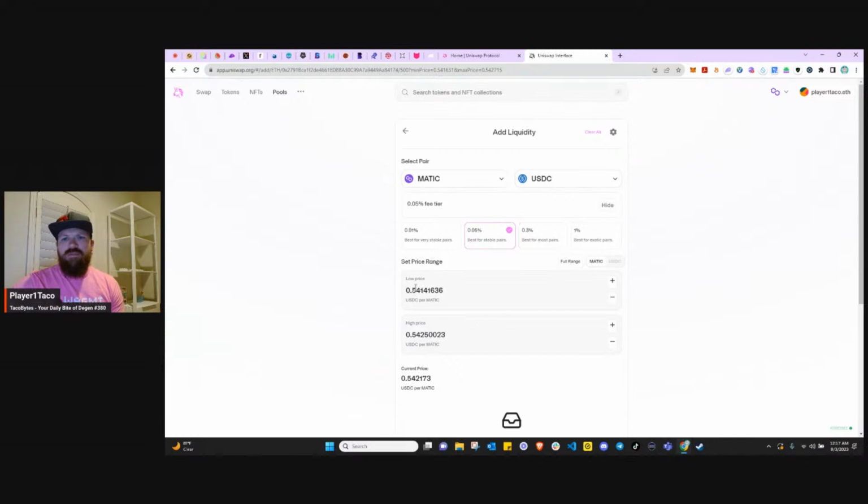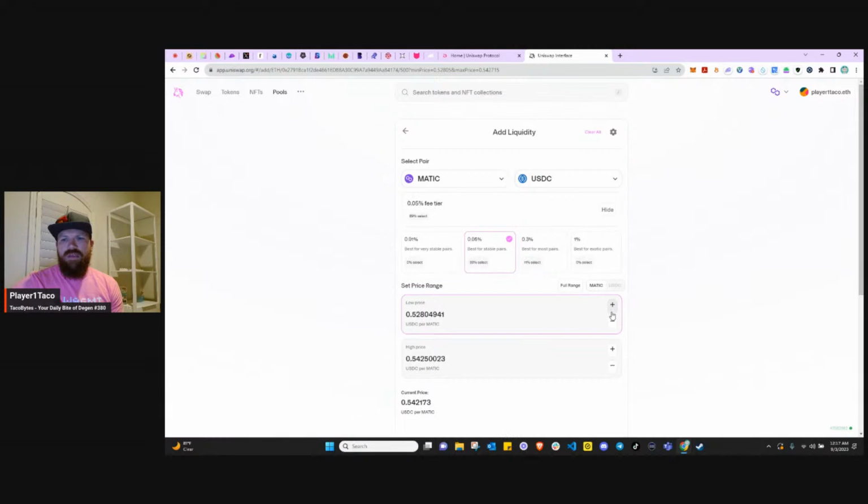The price range right now is 54 to 5. We're actually going to increase and lower that, because we think Matic might go down a little bit. We want to give ourselves a little bit of a window so we continue to collect fees through that.